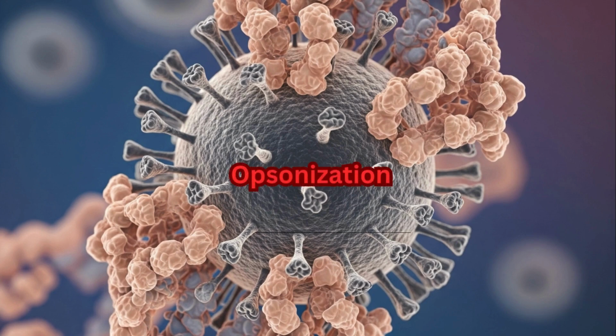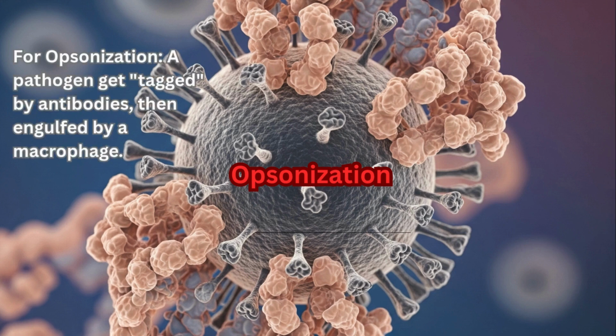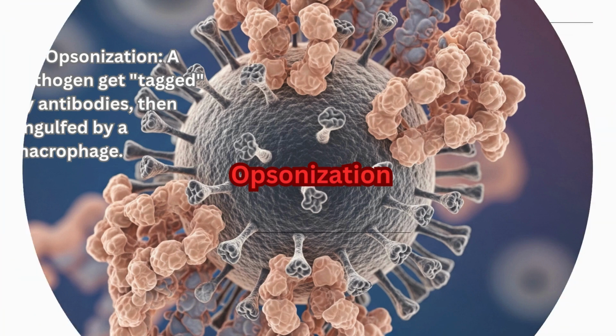In opsonization, the pathogen or antigen or microorganism is tagged by the antibodies, so it is easily recognizable by the macrophages, and the macrophages come and engulf the pathogen or disease causing microorganism.